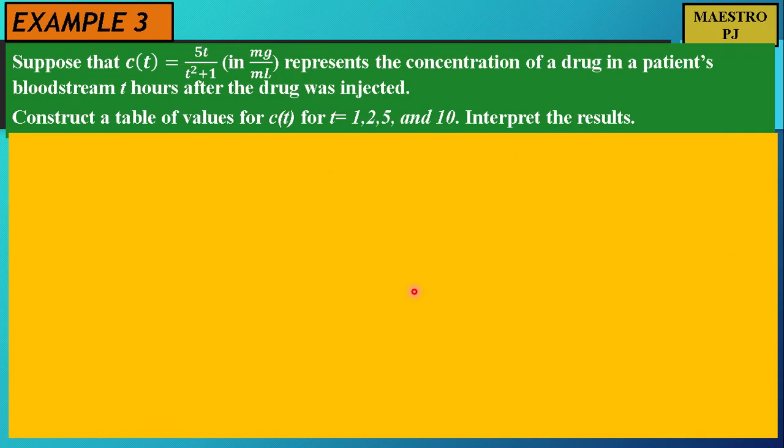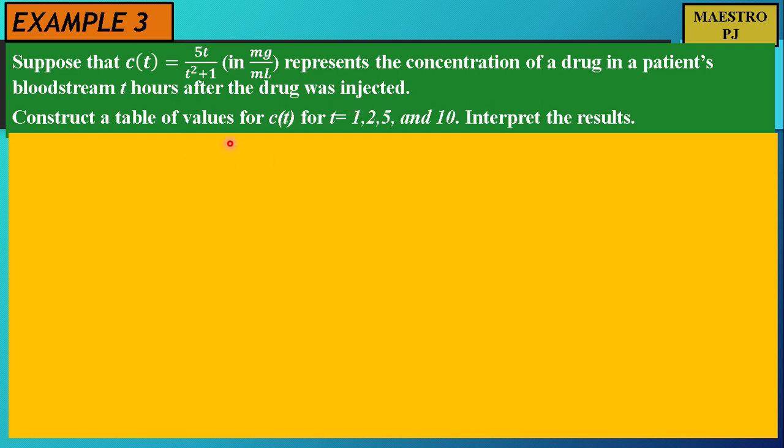Dito tayo sa example number 3. Okay? Suppose that C of t is equal to 5t divided by t squared plus 1 in milligrams per milliliter represents the concentration of a drug in a patient's bloodstream t hours after the drug was injected.